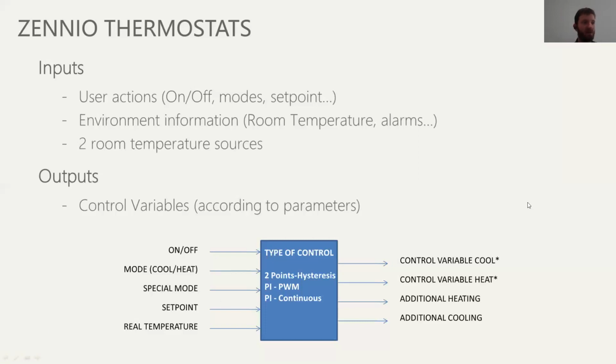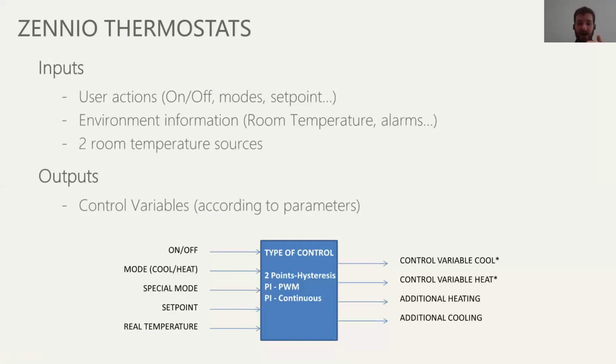And control variables come as, well, I already mentioned, 1 bit or 1 byte, or 1 bit and 1 byte with PWM, but you can define up to 4 completely independent control variables: a control variable for cool, a control variable for heat, additional heating, and additional cooling. And when you define additional heating and additional cooling, this becomes a completely new thermostat.